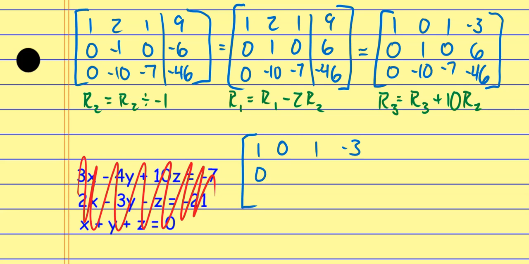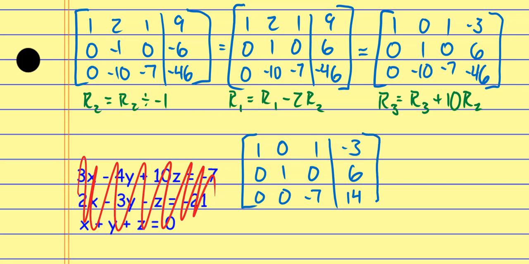The second row does not change. I'm only changing the third row. And so 0 minus 10 zeros is a 0. -10 plus 10 ones is a 0. -7 plus 10 zeros is still a -7. And then negative 46 plus 10 sixes, so negative 46 plus 60 gives me a positive 14.